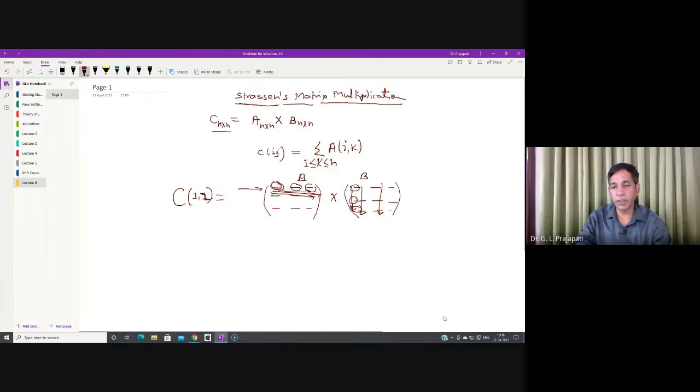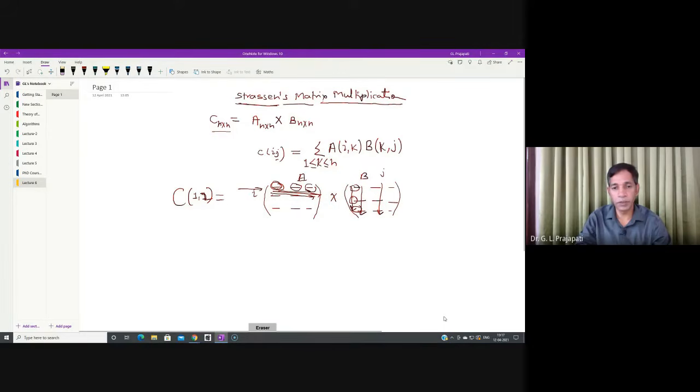Once you are considering the ith row and kth column of A, then you need to go for the jth column of matrix B. The column is fixed here, and i is fixed in A, but you are varying the row of B. So the row can go from first, second, up to the last row. You write k here, so B kj. So you obtain the formula aik and bkj.